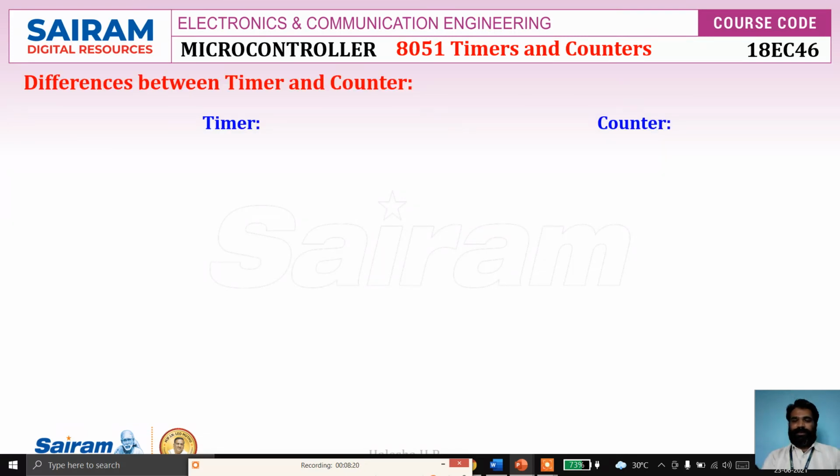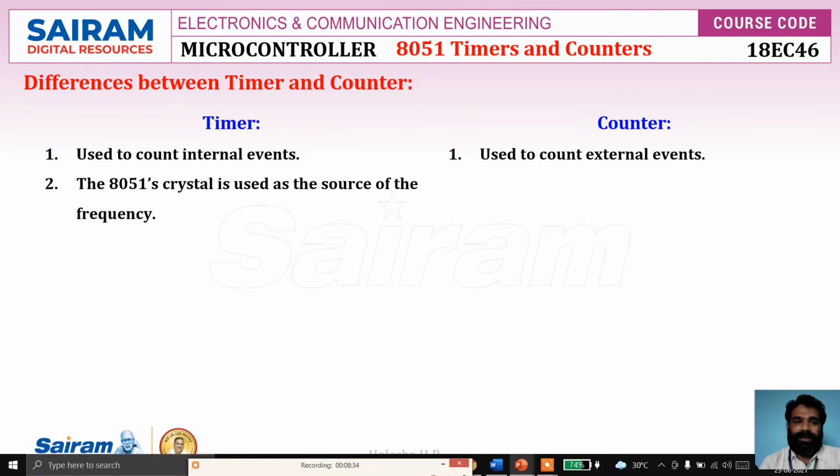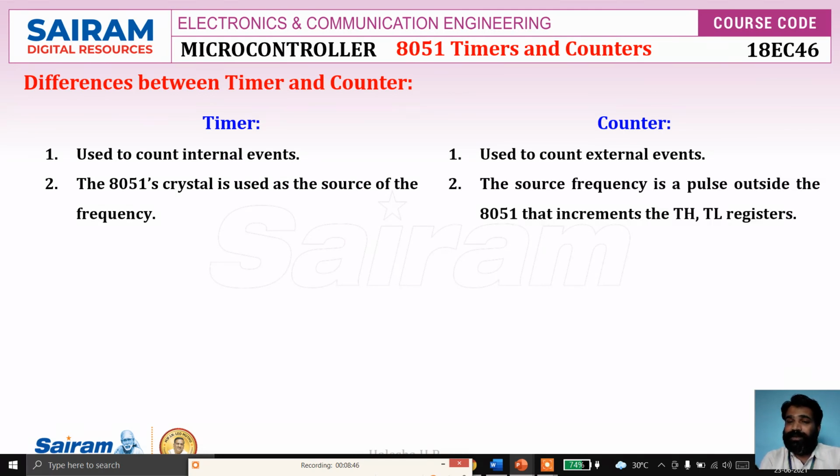Now let's see the differences between timer and counter. As we observed, the timer is used to count internal events and the counter is used to count external events. The 8051 crystal frequency is used as the source of frequency for the timer. For the counter, the source frequency is a pulse outside the 8051 that increments the TH and TL registers.